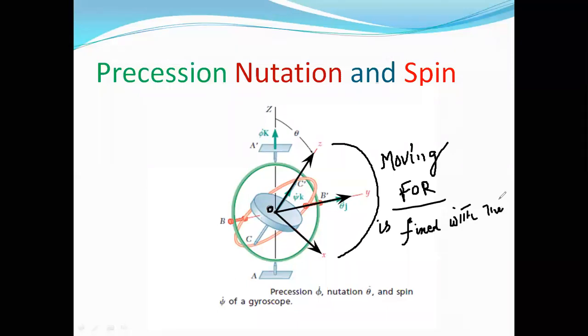What does that mean? This is something important to understand and to keep in mind. I mean to say that this rotating frame of reference is fixed with the inner gimbal, and is as such.